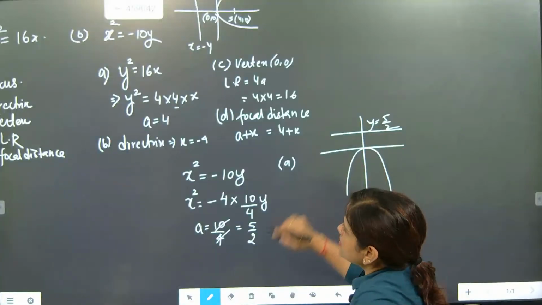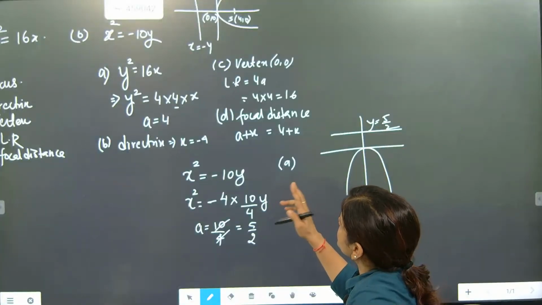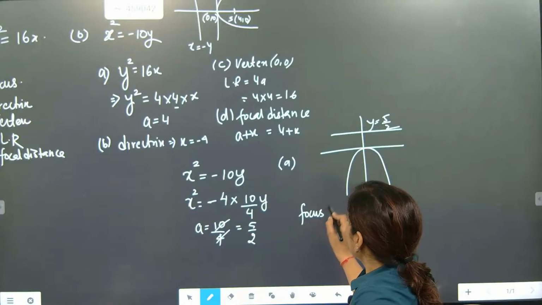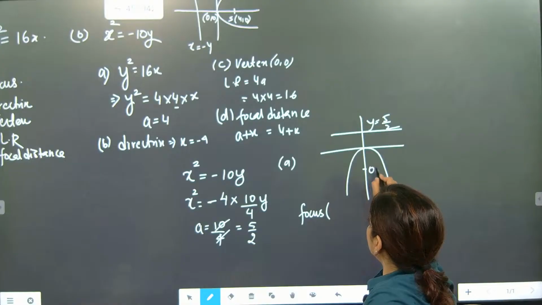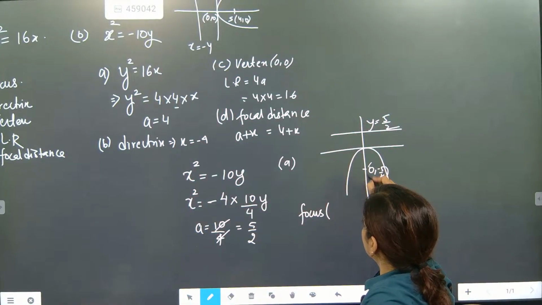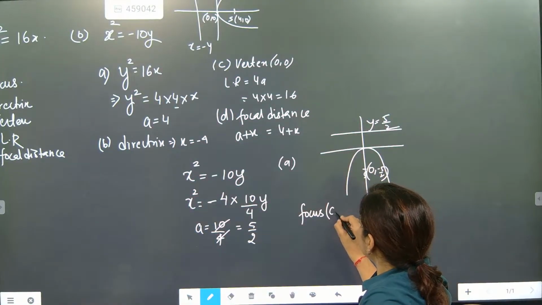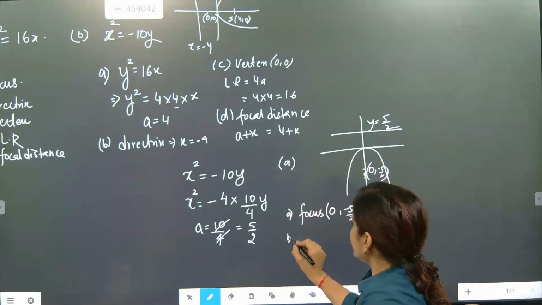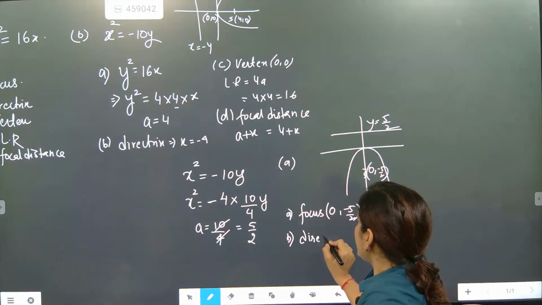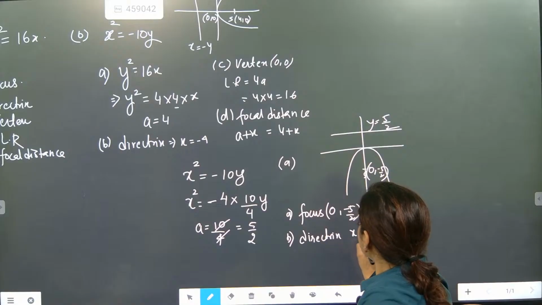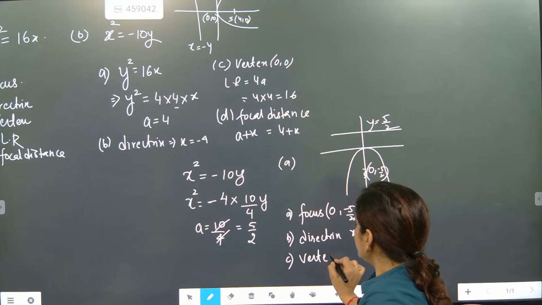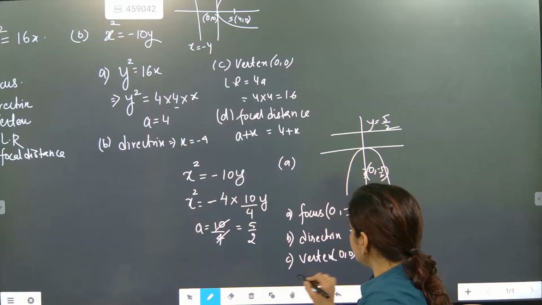They are asking for the focus first. The focus here will be 0 comma minus 5 by 2. Second is the directrix, and third is the vertex. The vertex is at the origin, so 0 comma 0.